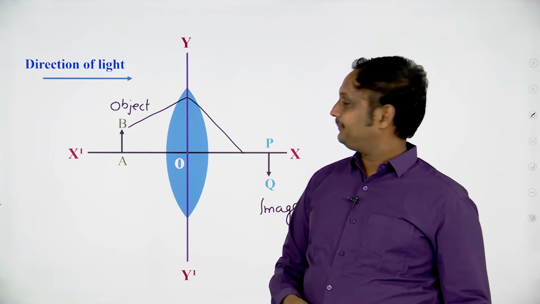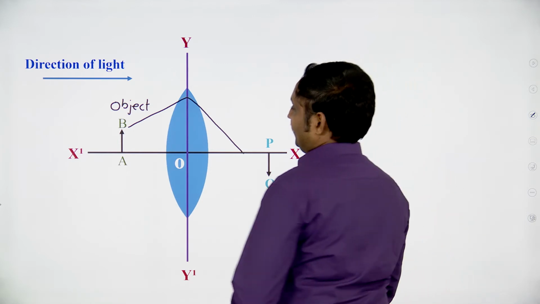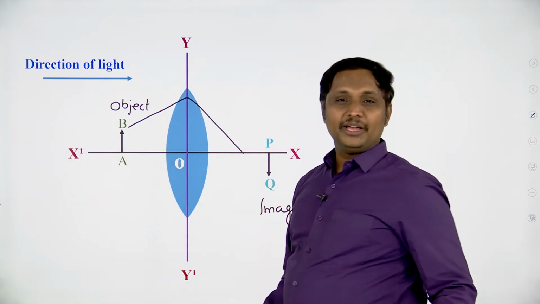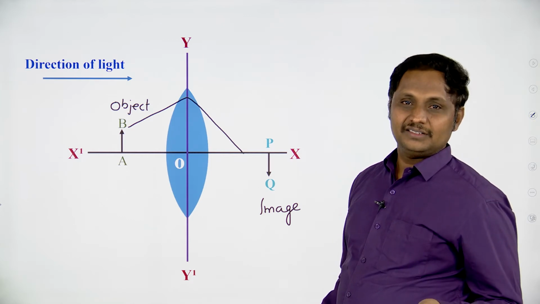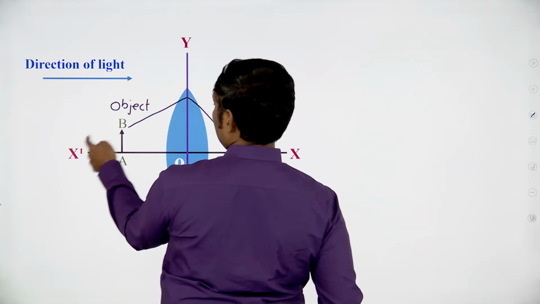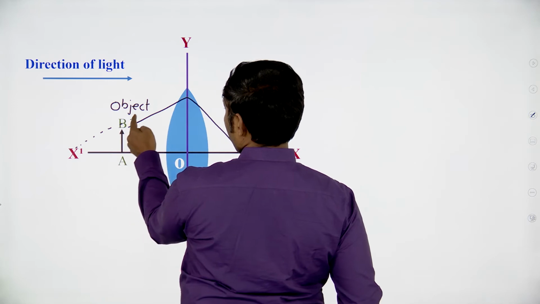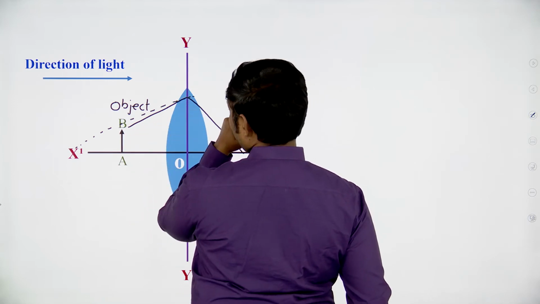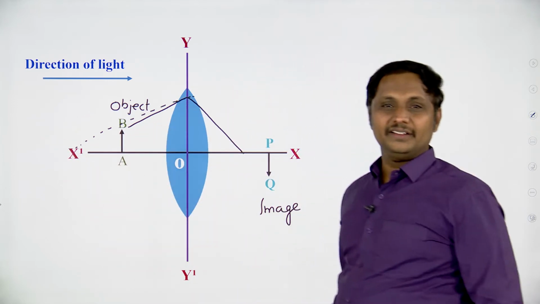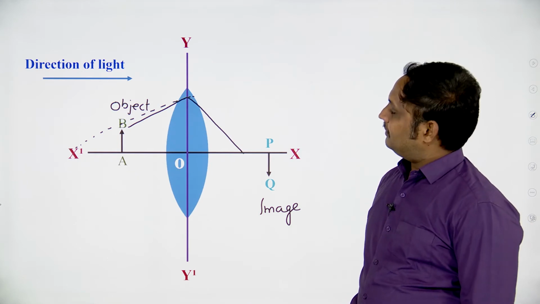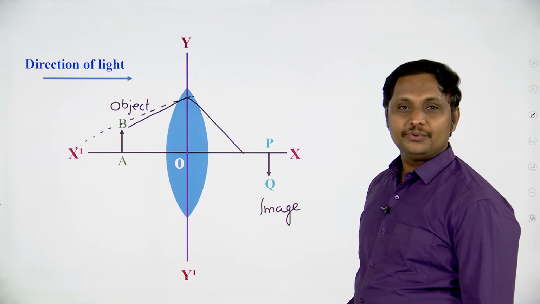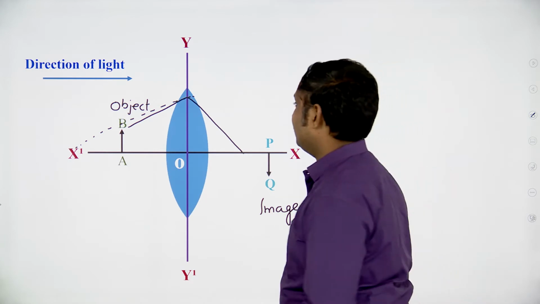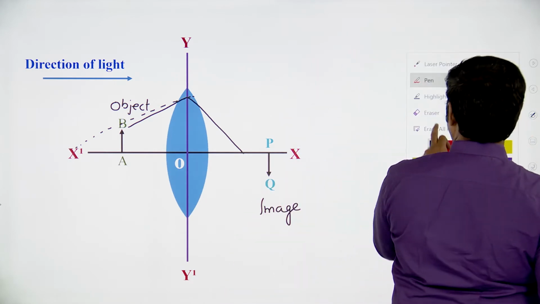It's very clear. On either side of that lens, sometimes the rays are going to originate from here. That time you will get that the image distance is going to be negative. It's very clear. It has been seen. Let's go for that.